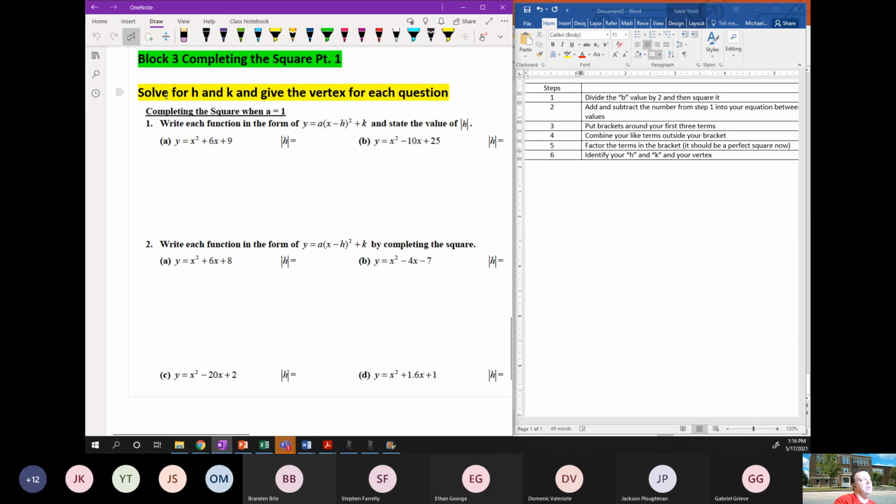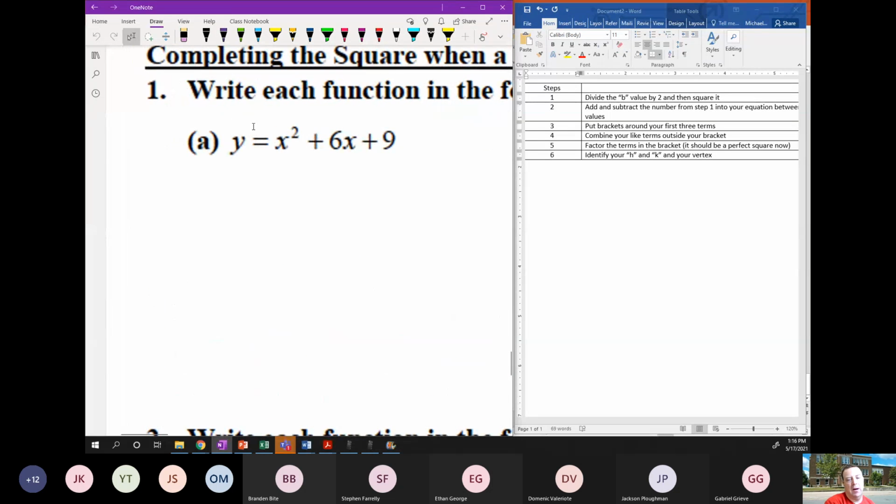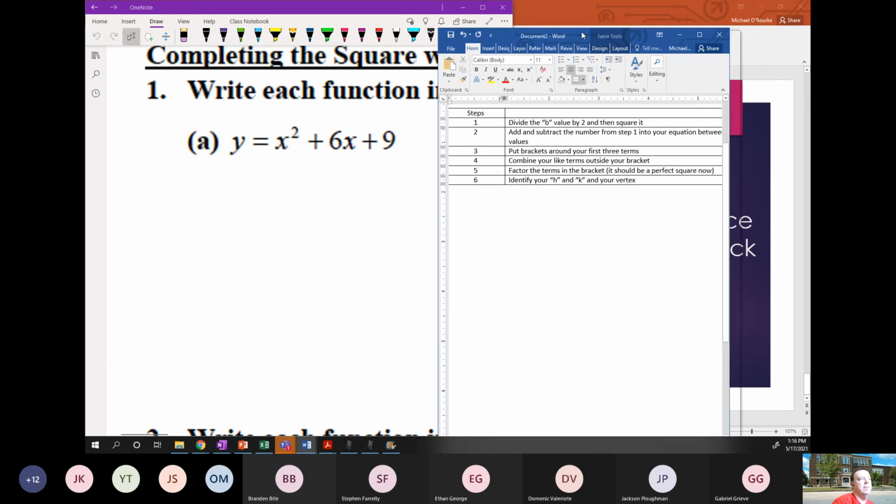When you do the questions, it says identify your H value. I said solve for H and K and give me the vertex for each one. For the people who are hesitant, maybe 3 and below, how about you try this question here?